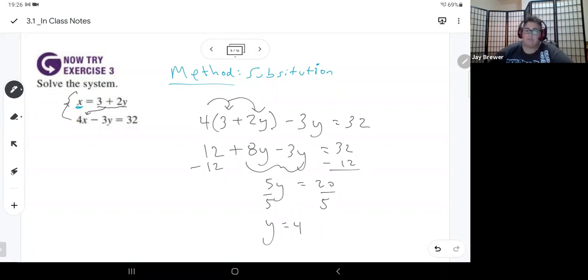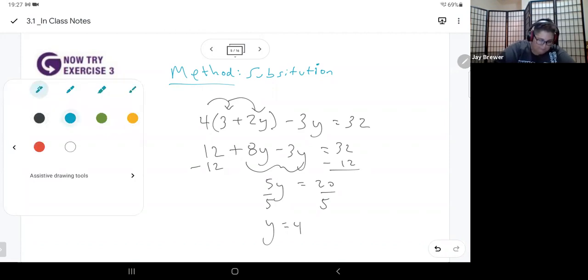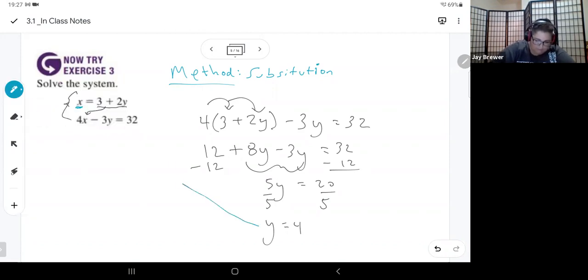Now y equals 4 is not our answer here. We're not done. We have to find a point. We no longer can just do one variable answers here. So what we have to do now is take this y that we just found and plug it back into the equation that we used to substitute, and find x.